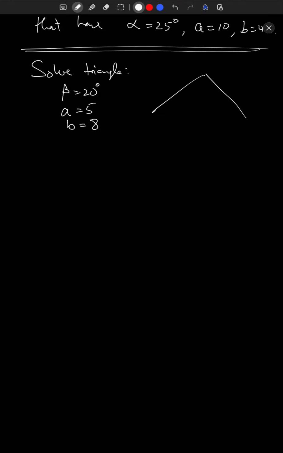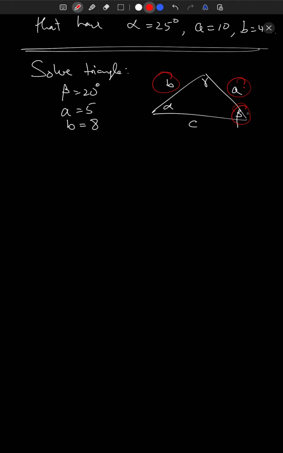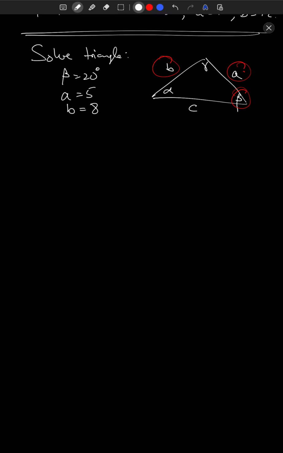Okay, let me draw a picture. Alpha, beta, gamma, A, B, C. What do we know? We know this guy, we know that guy, and we know that guy. So again, it's a situation of one angle and then two consecutive sides, or two consecutive sides and then an angle. Again, it doesn't matter which way we read it.